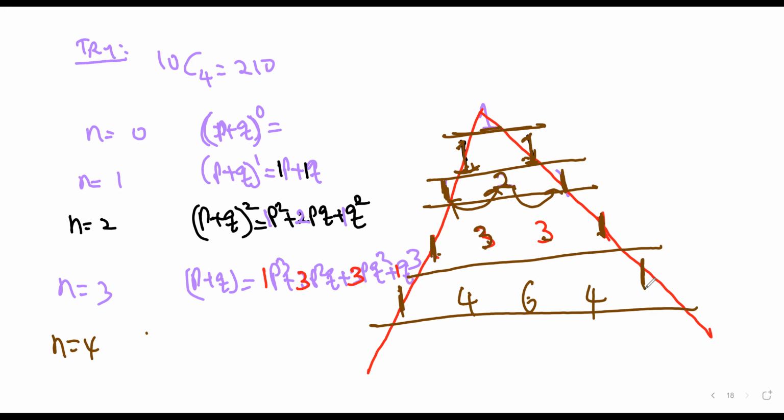You will notice that the powers of P are always decreasing from n all the way to 0. So this is 3, 2, 1, and here there is a P power 0.